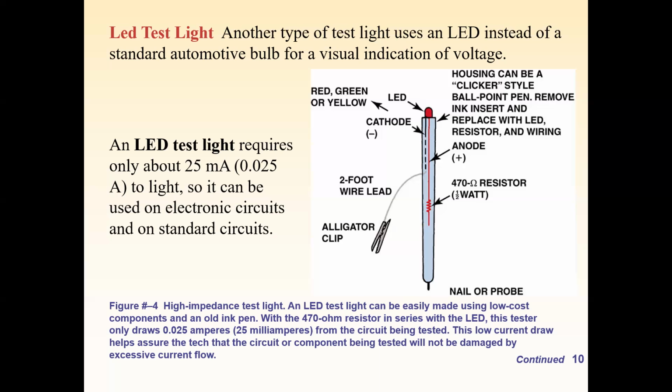To measure these electronic circuits, we require sophisticated test equipment, or what we call high impedance test meters. High impedance test meters are characterized by high internal resistance. This high internal resistance helps us avoid drawing too much current or voltage from these electronic circuits.